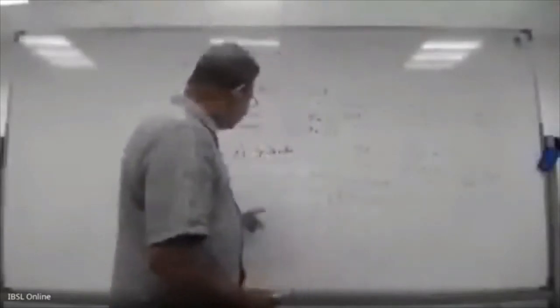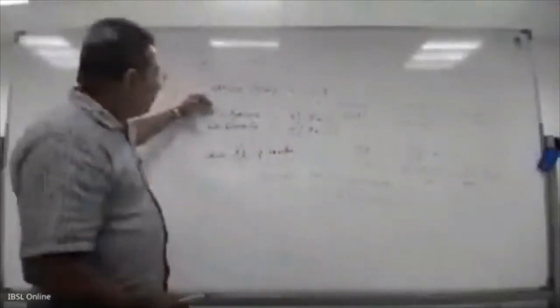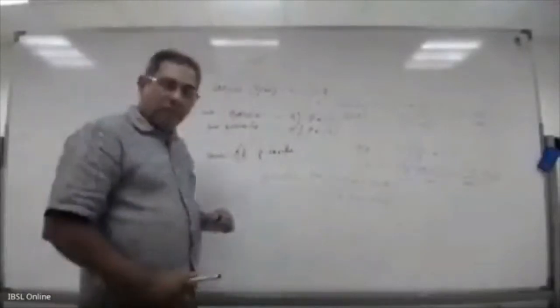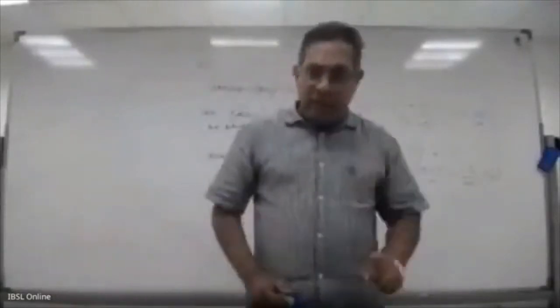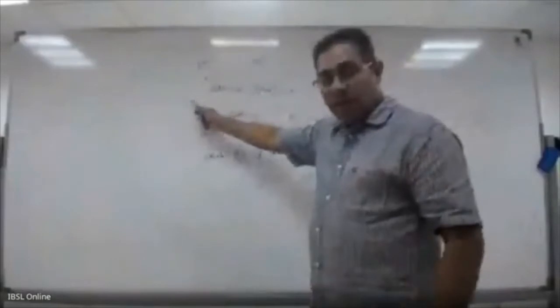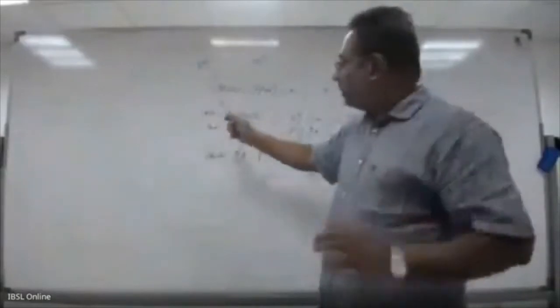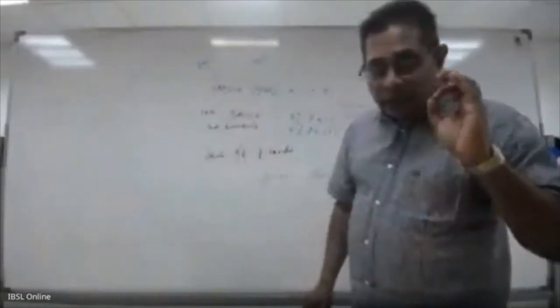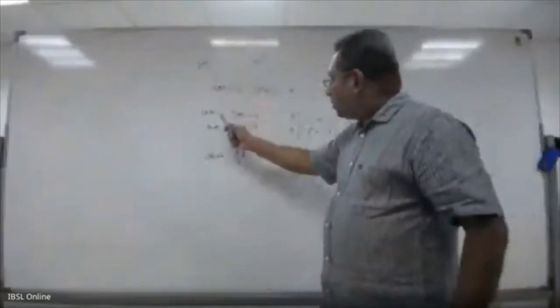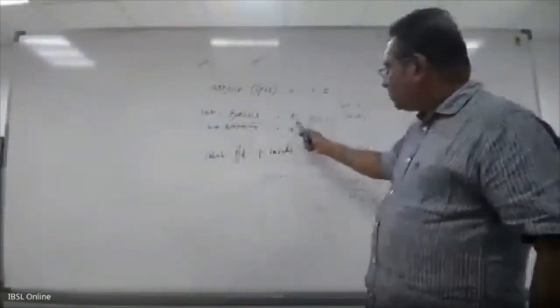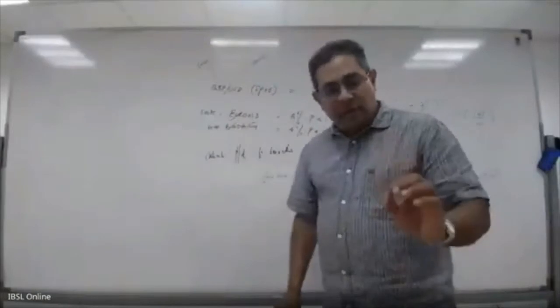Now going back to here: GBP to USD. What is the base? Base currency is sterling pound, and the US dollar is the counter currency. The rates are given per annum, 6% and 4% for US dollar and sterling pound respectively.